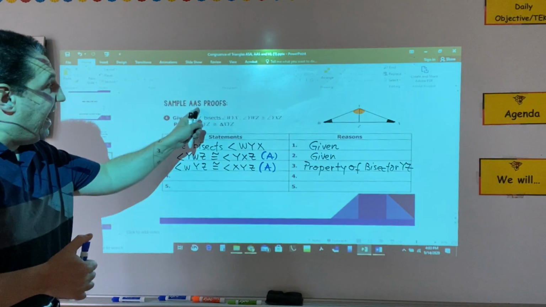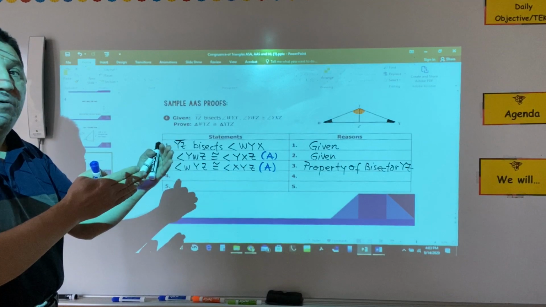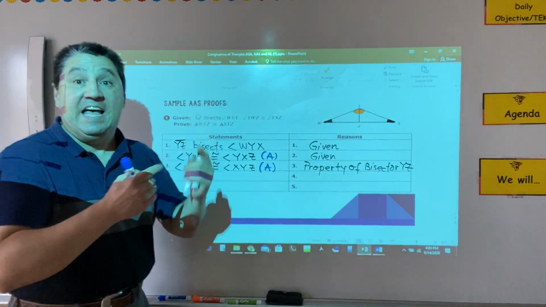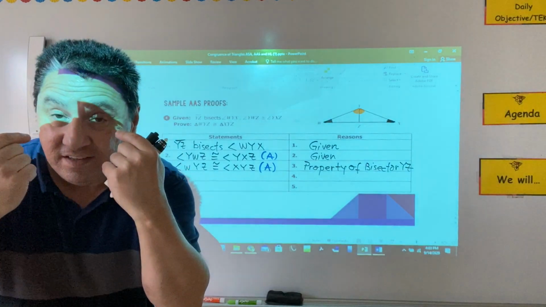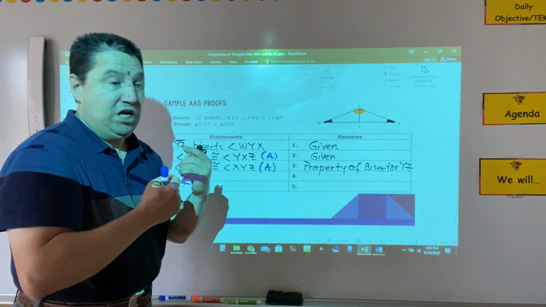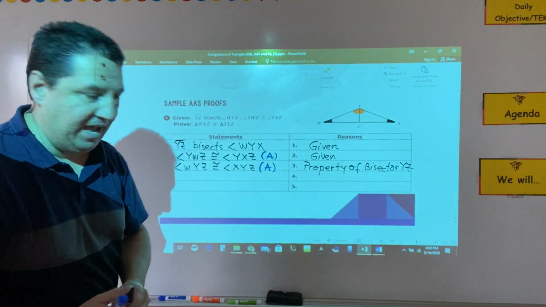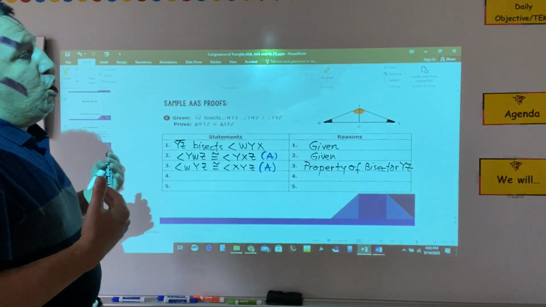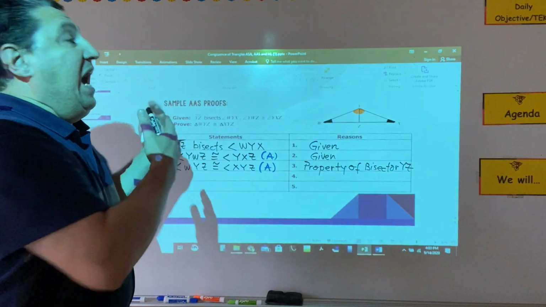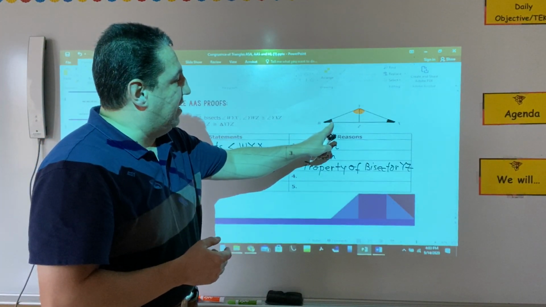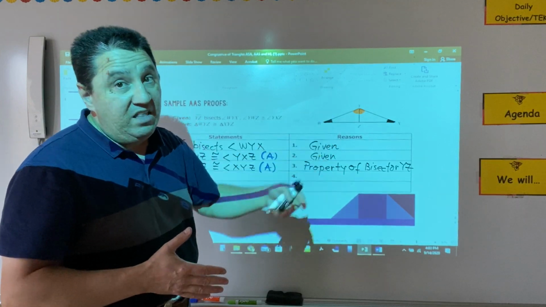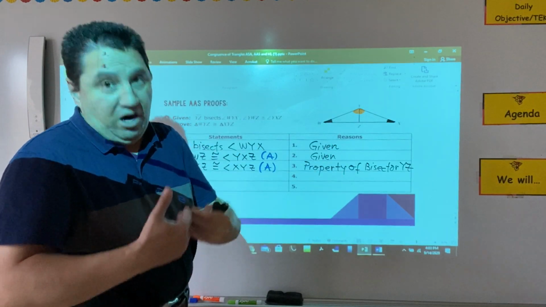Now what is missing? An S. We have to find a pair of corresponding sides that are non-included in order to prove these triangles are congruent. Now, what side would be non-included, in other words, not between these angles, and are congruent?